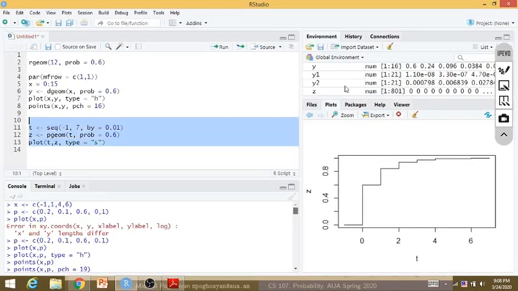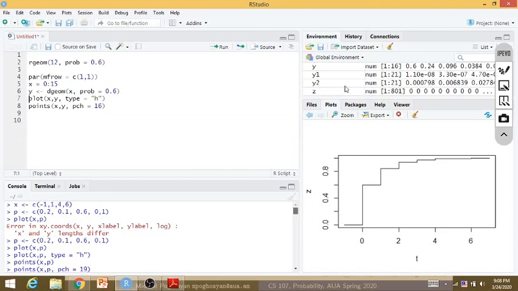So PMFs, I have the first PMF. I want to have the other one. So I'm copying this, pasting it here, changing to say y1. Probability is 0.3.